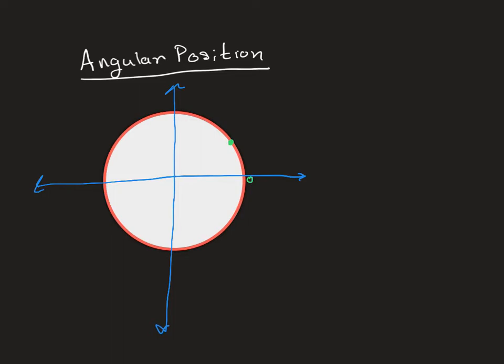And we're going to call this our 0 point here. So I can either talk about this point along the rigid body being some physical distance away from the 0 point, or I can talk about it being some angular distance away from the origin.